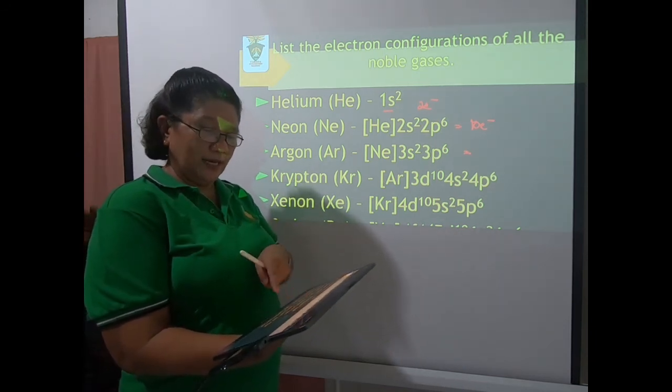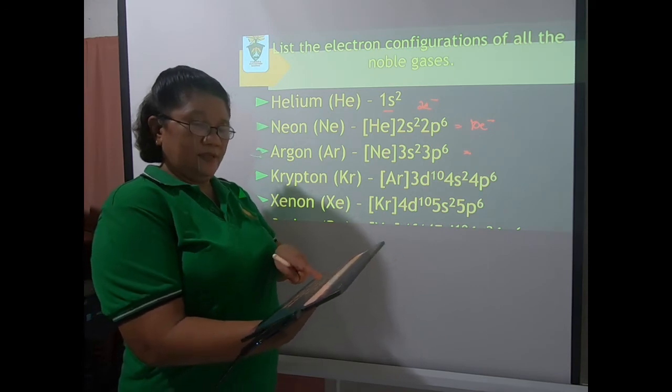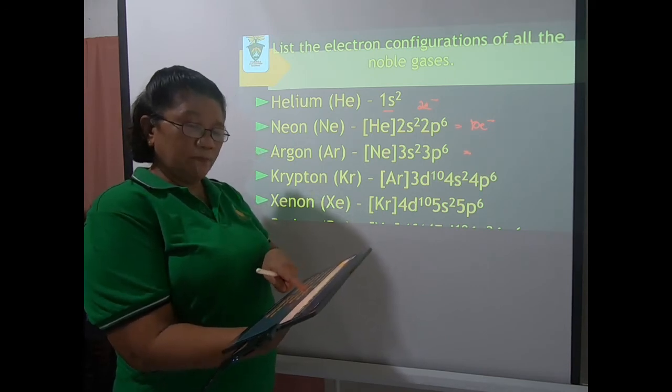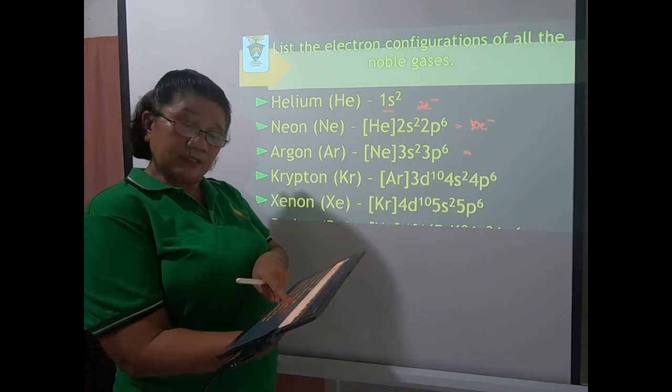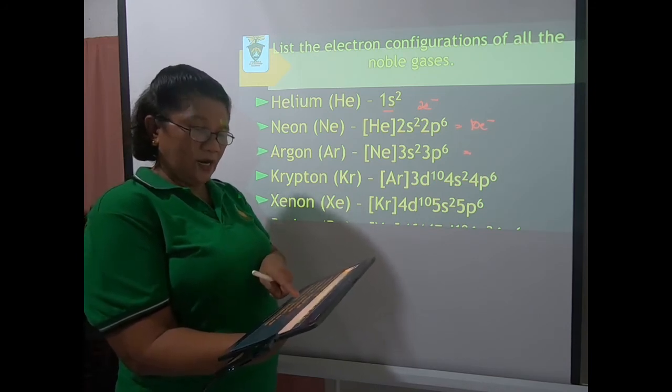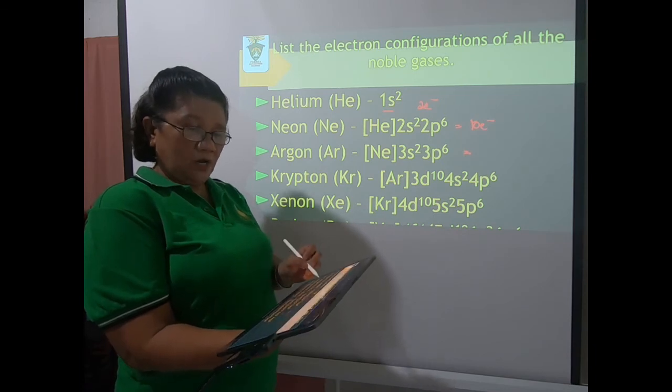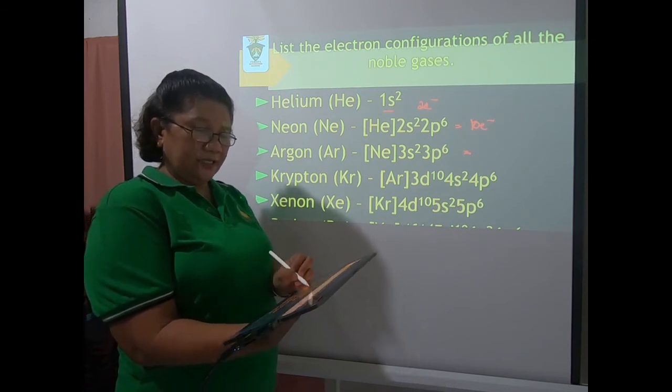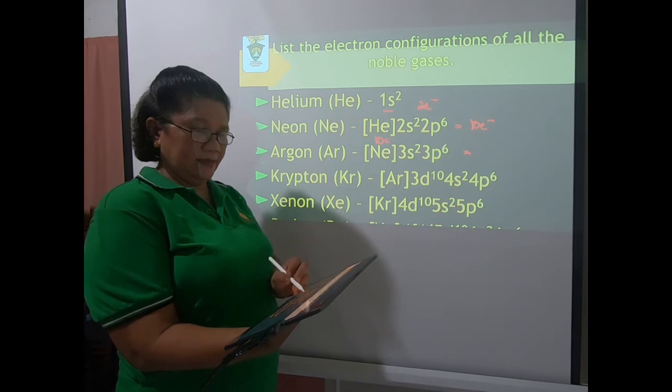So for the noble gas configuration, we can make use of helium, that is 2 electrons. Neon is 2 plus 8, 10 electrons. For argon, you start with neon. How many electrons are there in neon? That is 10. Okay.